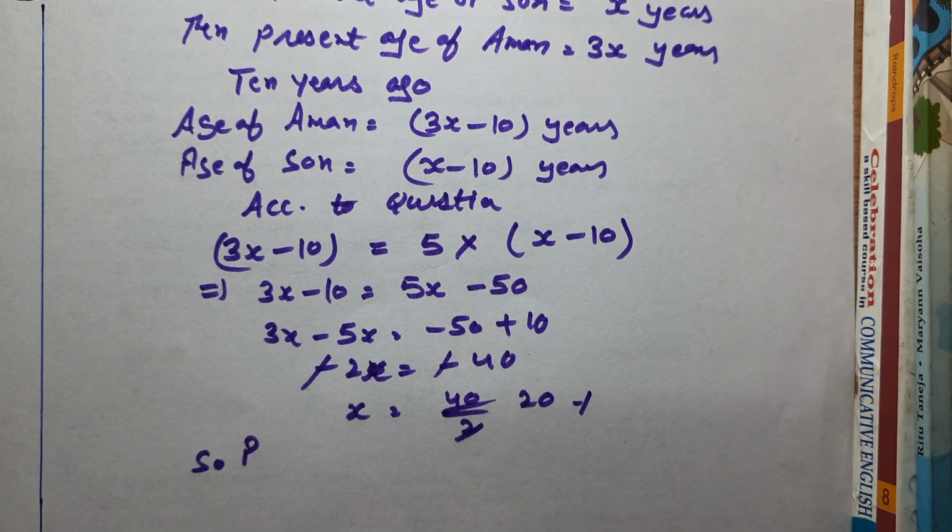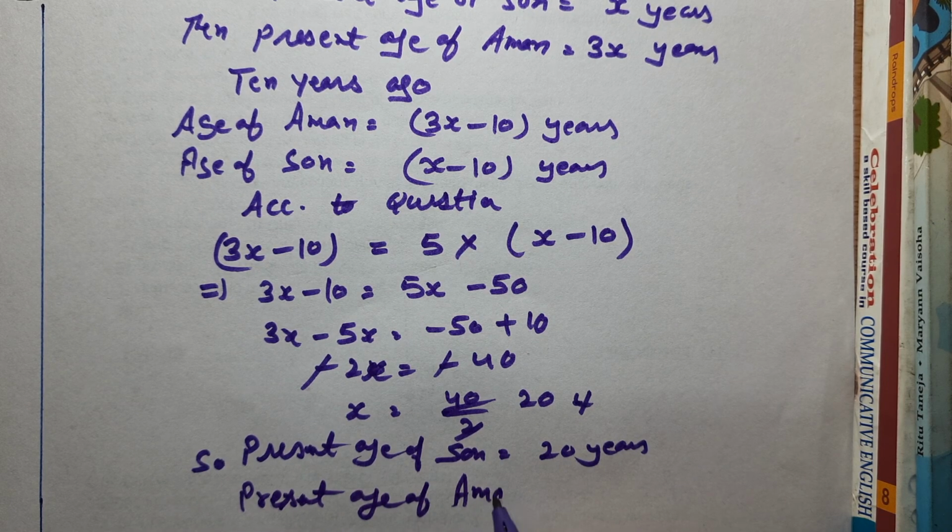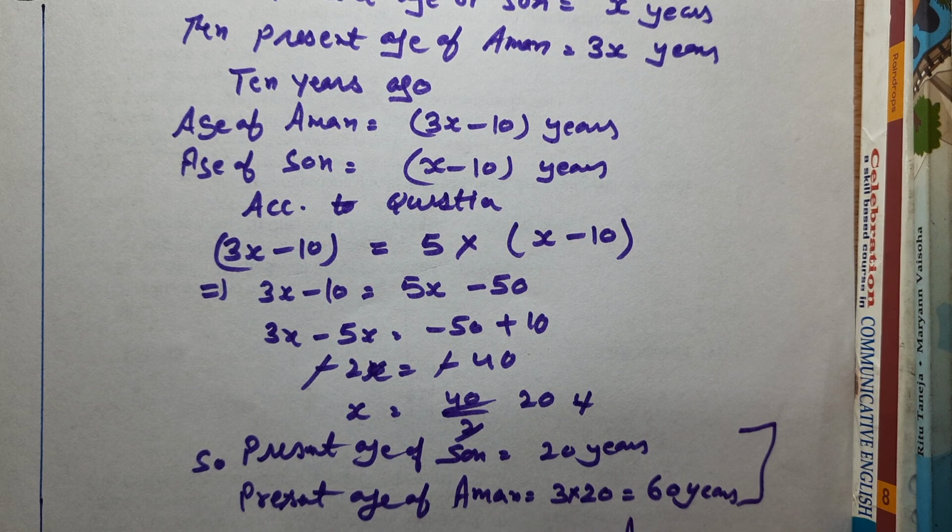So present age of son, 20 years. Present age of Aman, 3 into x, 3 into 20 is equal to 60 years. So that will be our answer. Present age of Aman is 60 years and his son is 20 years old. Hope the concept is clear. Do revise all the videos and note down in your notebooks. Thank you.